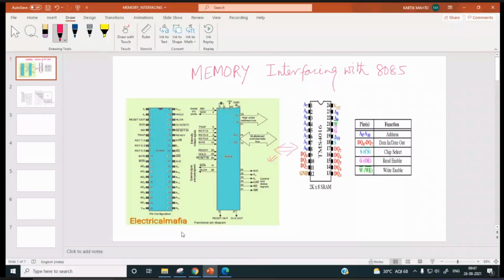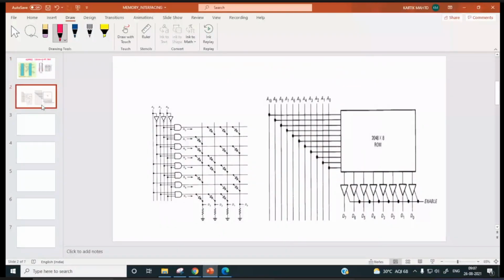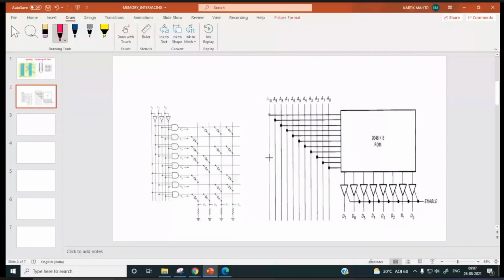And memory is standardized in such a way that in one location we can store maximum 8 bits. Up to this we discussed earlier also. So let us go to the next slide. In this slide, we have this diagram we discussed earlier.